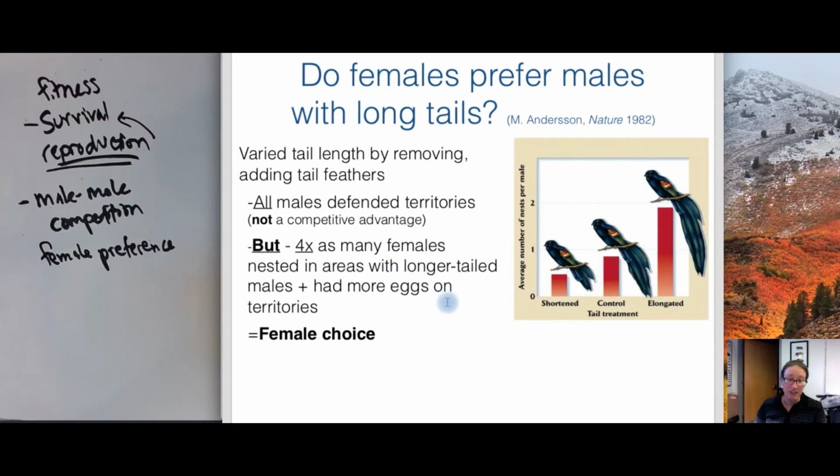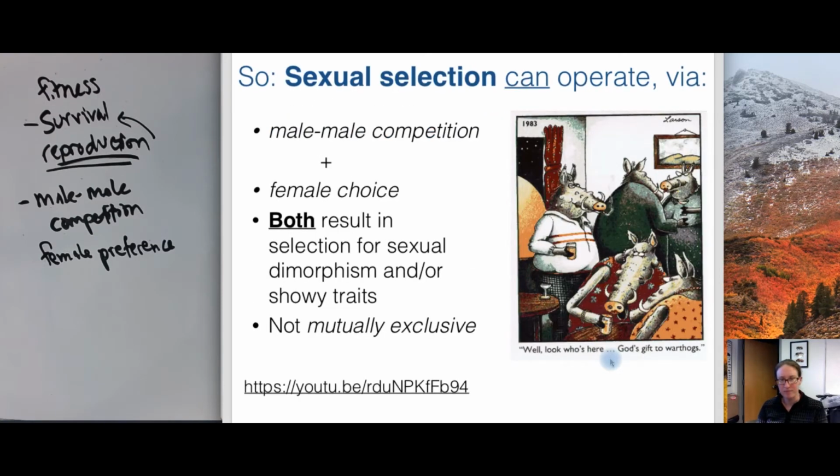And in addition to that, the females that were nesting in areas with males with these elongated tails had more eggs in those territories. So that supported this hypothesis that that exaggerated trait could have evolved thanks to female preference for that exaggerated trait.